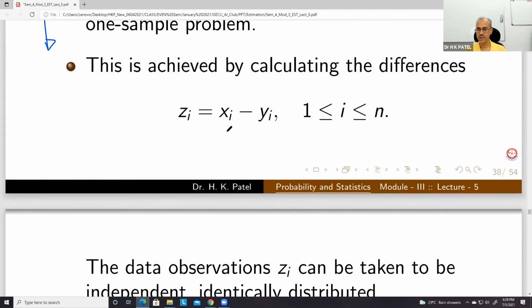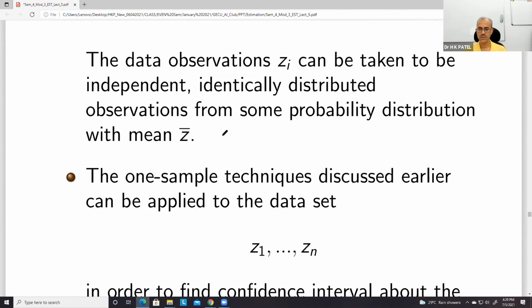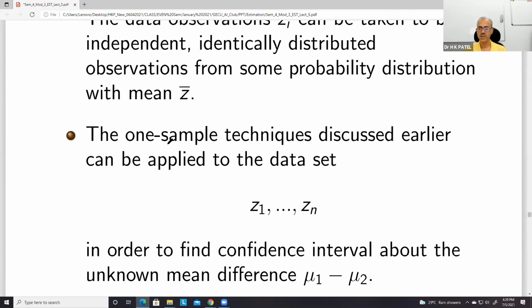So you can see that we have a difference zi. The one sample technique discussed earlier can be applied to this data set.